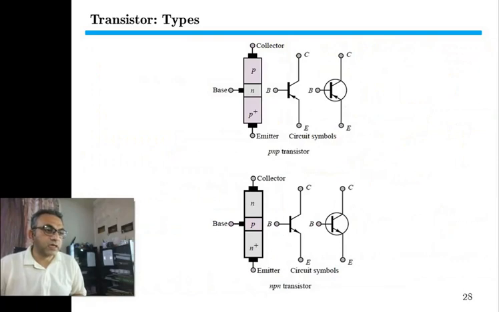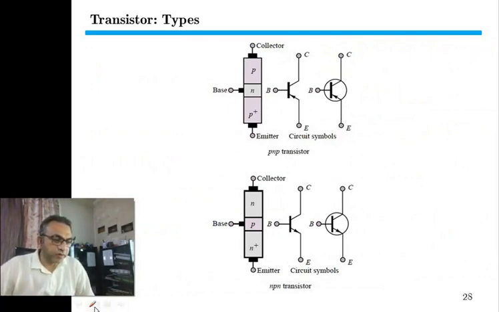The next slide is transistor types. We see the PNP transistor and the NPN transistor. For the PNP transistor, the first diagram shows the construction. We have two P-type materials, and in between we have the N-type material.